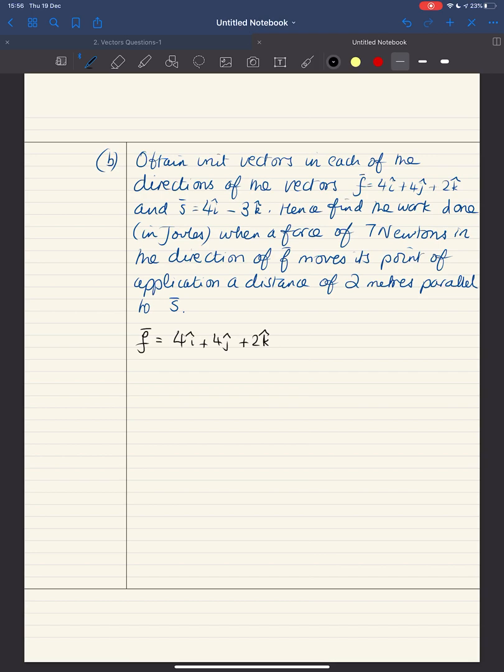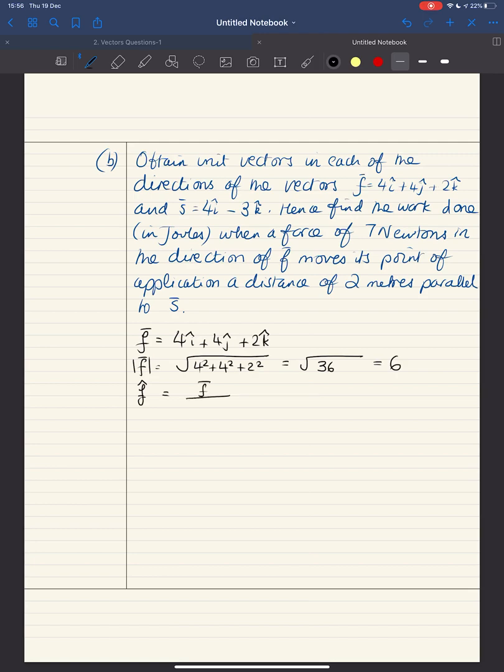The modulus of F is the square root of 4 squared plus 4 squared plus 2 squared, which is 16 plus 16 plus 4, which is 36, which is 6.